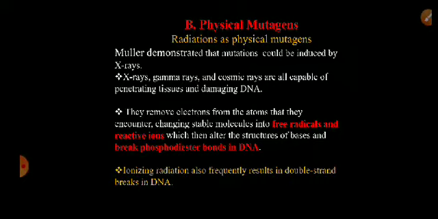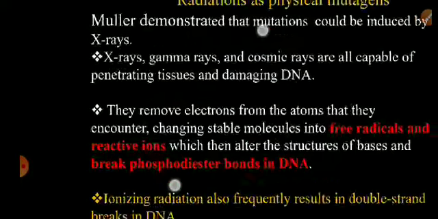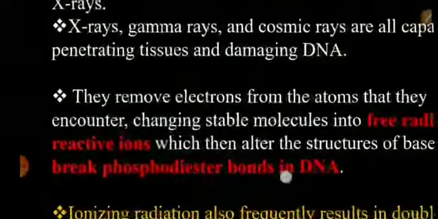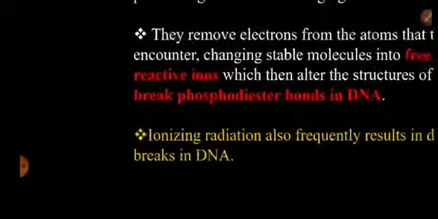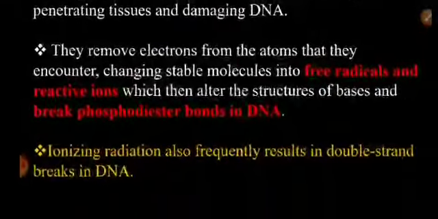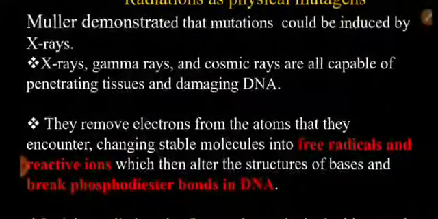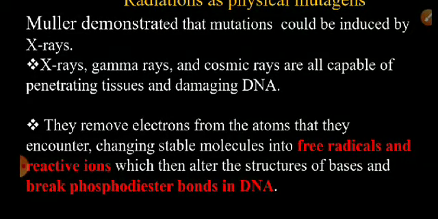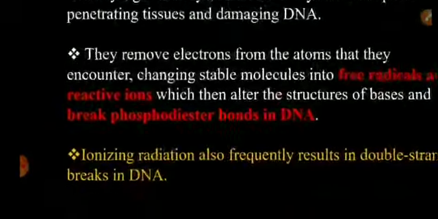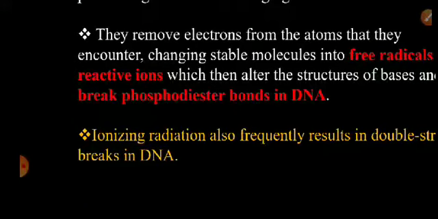Let us discuss X-rays, gamma rays, cosmic rays, UV rays, all are capable of penetrating the tissues and damaging the DNA. What is the effect of these radiations? Whether they are high energy ionizing radiations or UV light, they cause ionization of nitrogenous bases.